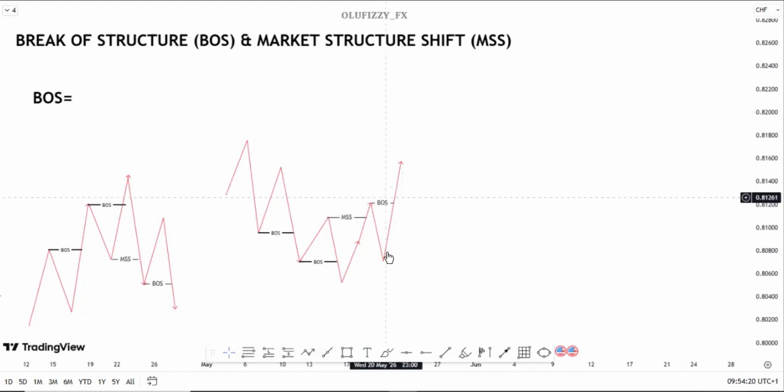So the trend has now been established. The buyers have stepped in in this case, and it might just continue like that until we have another market structure shift and break of structure to confirm that the trend has changed. So that's about market structure shift and break of structure.